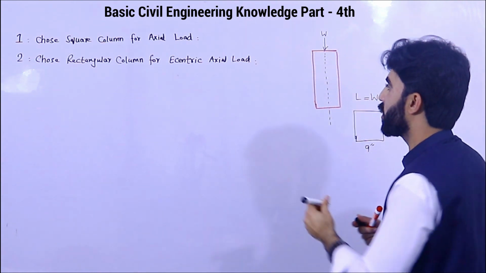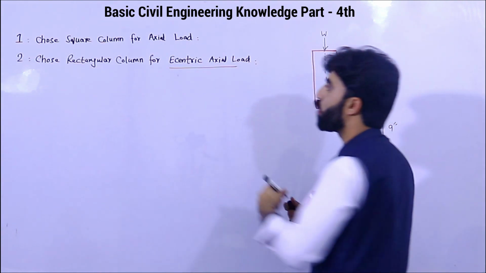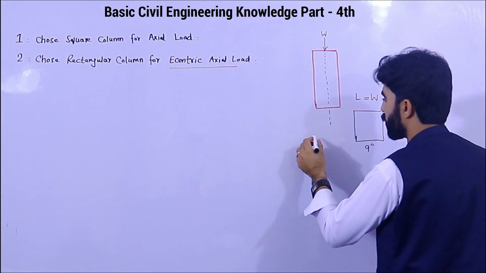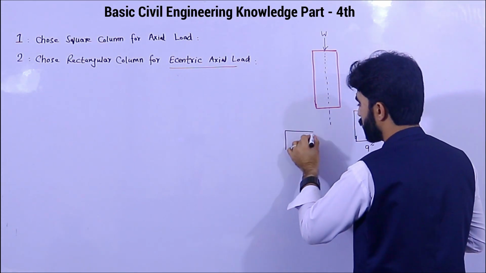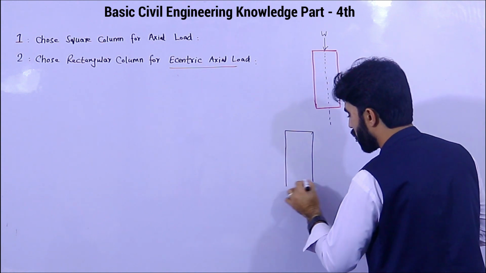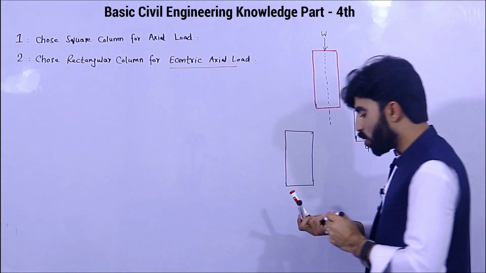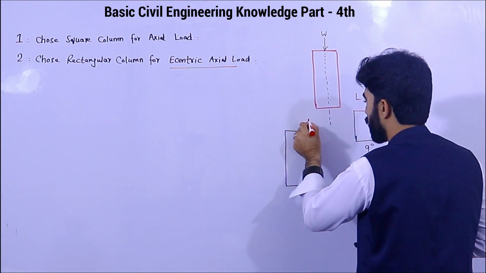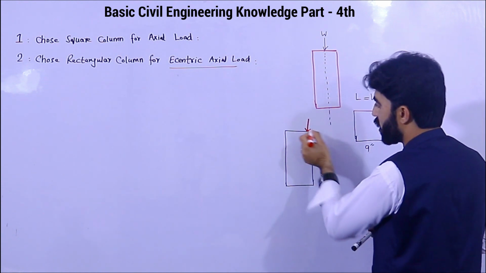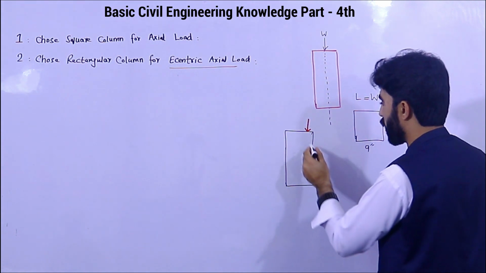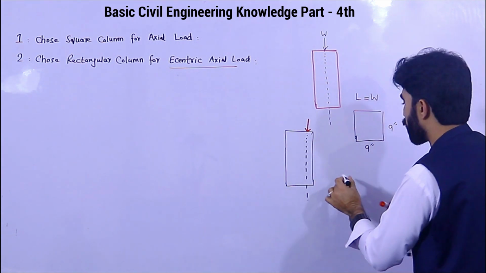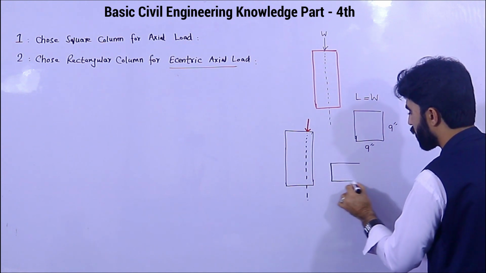In the case of eccentric axial load you are able to provide a rectangular column. How? Suppose this is a column. When the load does not come on the center of the column, for example if the load is here, this is not the center. So in that case the load comes on any point of the column, and we will provide a rectangular column.